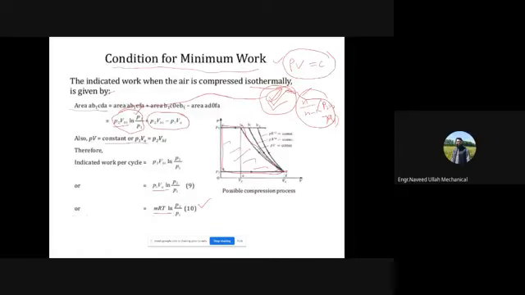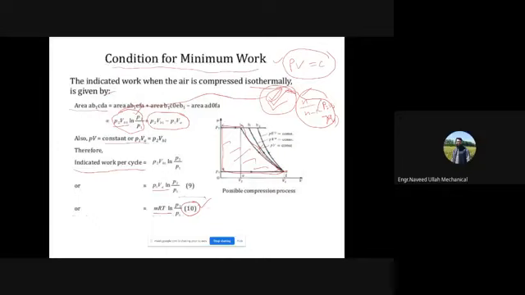So this equation 10 gives you the indicated work per cycle. Similarly, if you take that equation for the polytropic process, that also gives you indicated work per cycle.